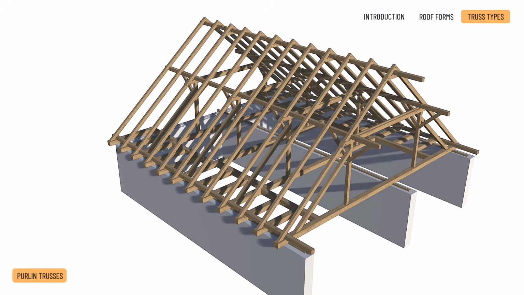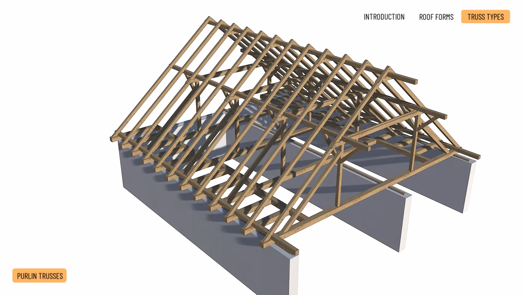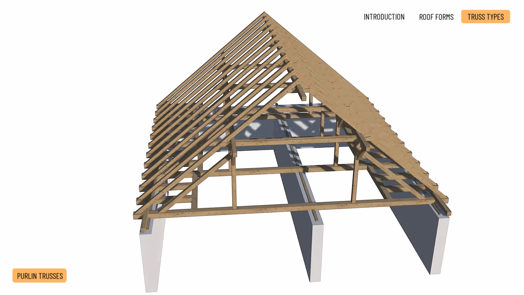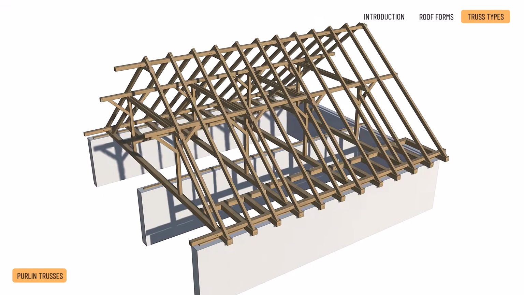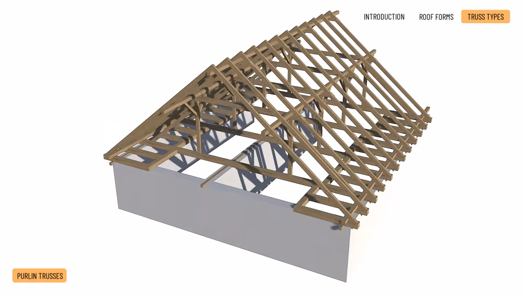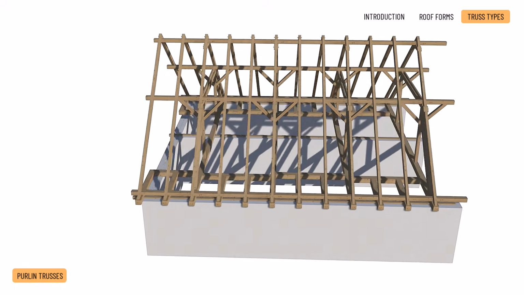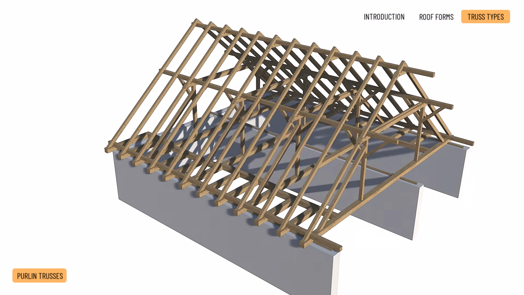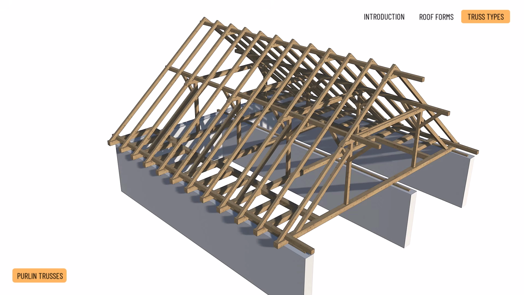Purlin roof trusses. In many types of roof trusses, the rafters are also supported at intermediate points. The most common support method is purlins, which transfer the load onto posts or struts located in the principal trusses. Roof structures built this way are collectively referred to as Purlin roof trusses.